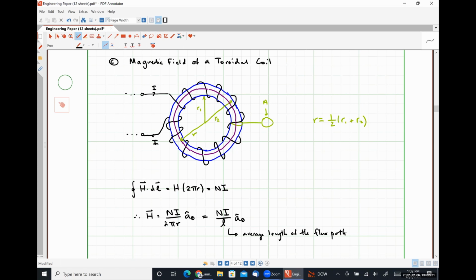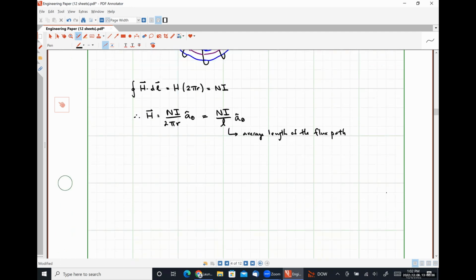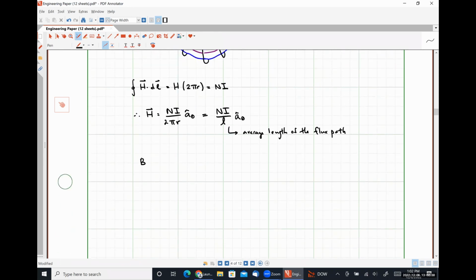So in this structure, all of the magnetic field is confined to the region inside of the core. So from this observation, we can say that our magnetic flux density B is equal to mu times H by definition, or mu Ni over L in the theta direction.